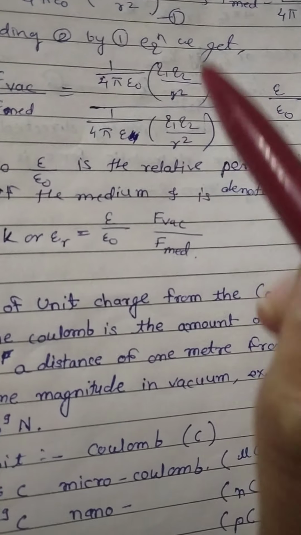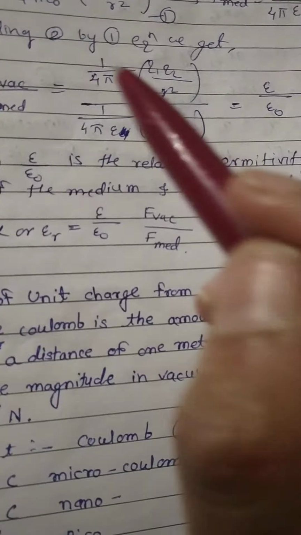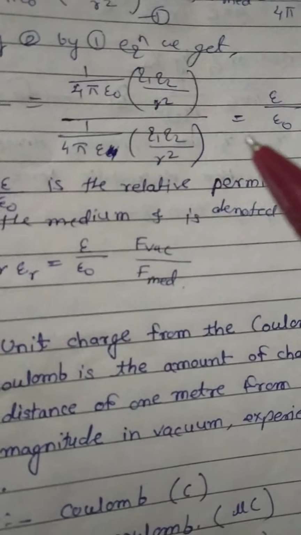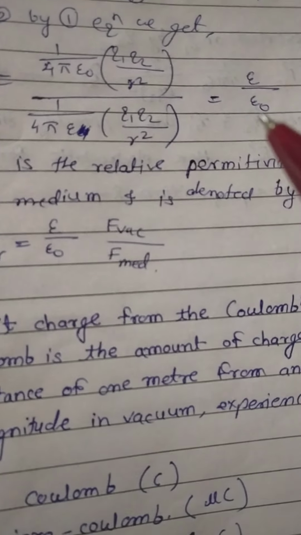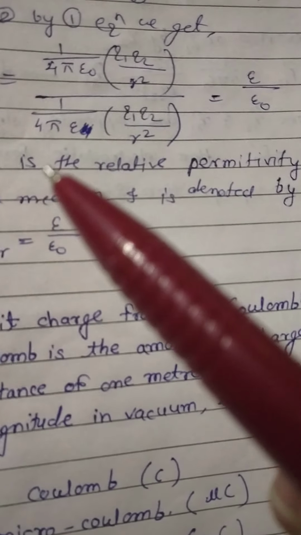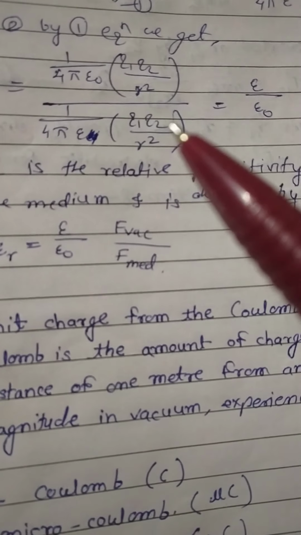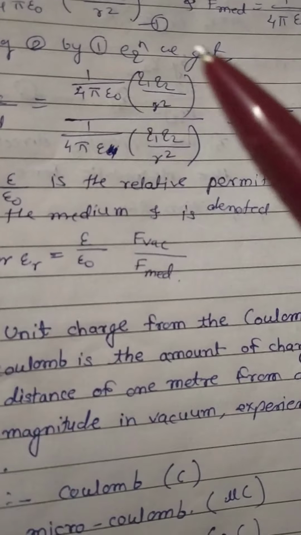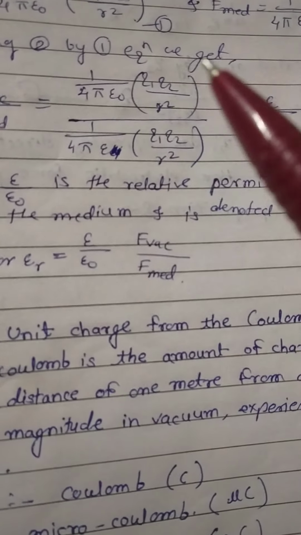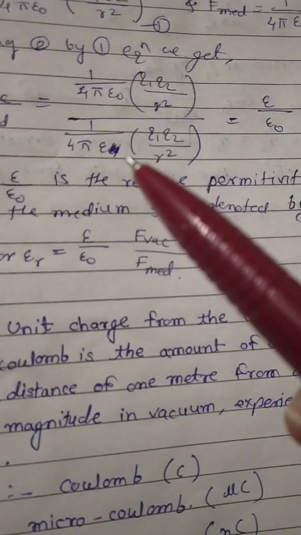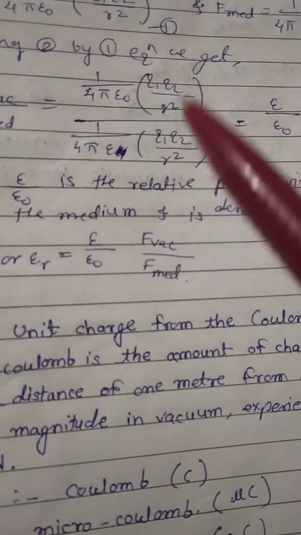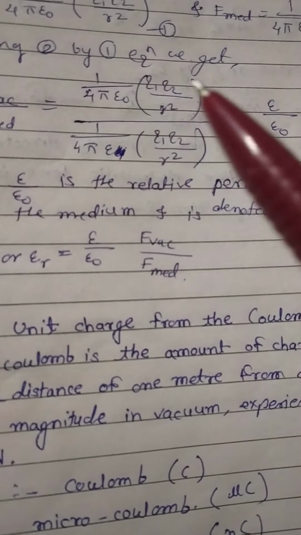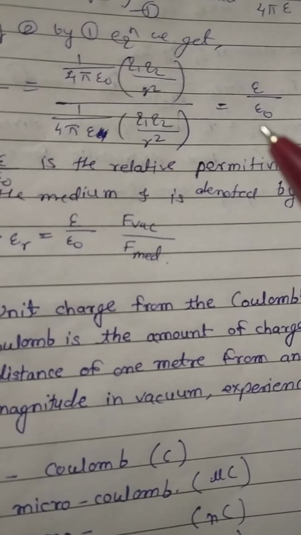upon R square. This term cancels out and the only remaining term is epsilon upon epsilon naught, because 1 upon 4 pi Q1 Q2 is common: two charges are placed in vacuum and similar charges are placed in a medium. So this term cancels out and the remaining term is only epsilon upon epsilon naught.